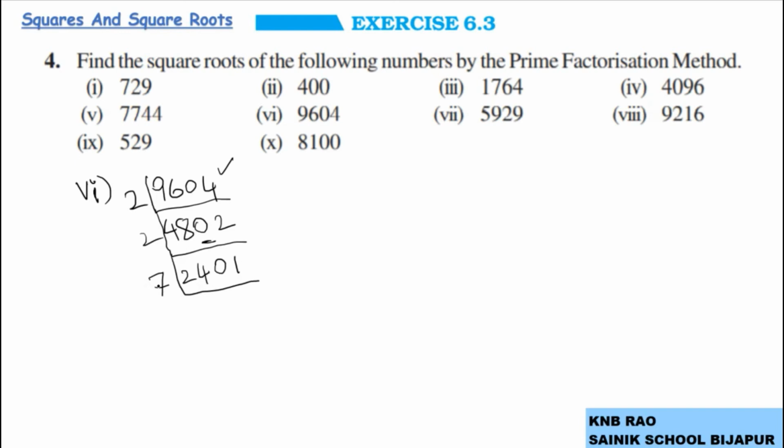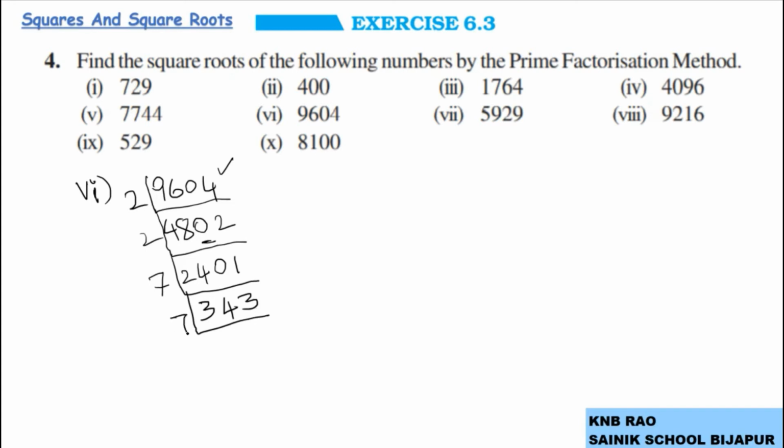Is this divisible by 7 or not? We will check. 7 3s are 21. So 7 3s are 21, 3 carry. 7 4s are 28 and 2 carry, 21. 7 3s are 21. Therefore this number is divisible by 7. Now is this number divisible by 7? It is not divisible by 2 or 3 or 5.